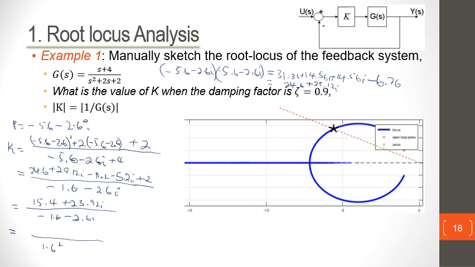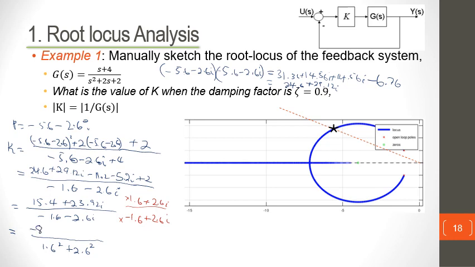And then 1.6 squared plus 2.6 squared. If I multiply this by the complex conjugate, so that I remove the i on the bottom, then I have the following.